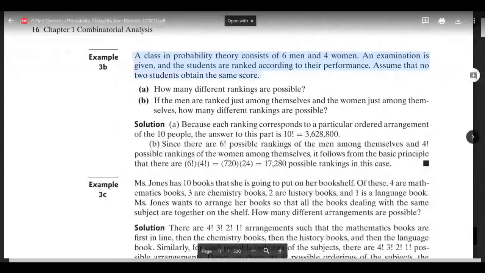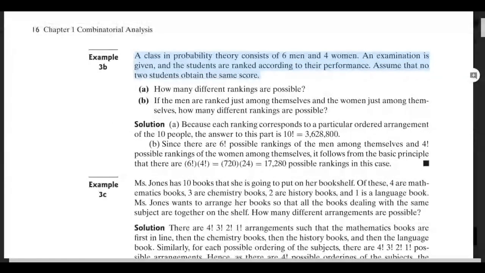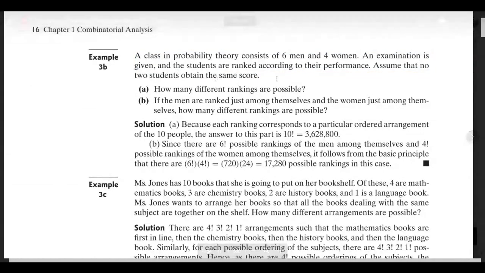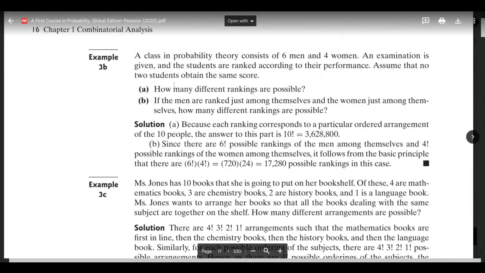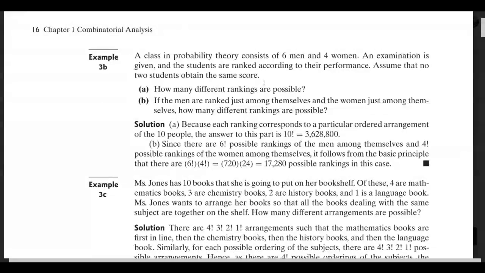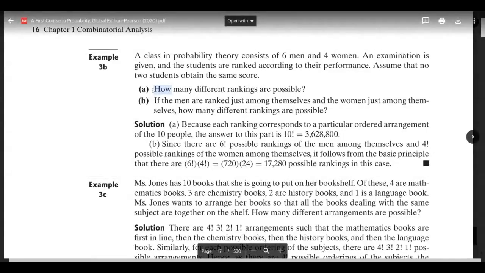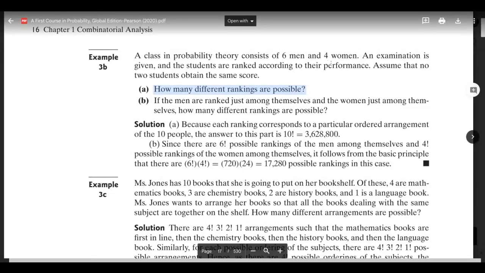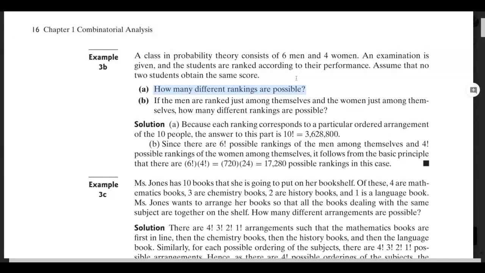Let's see this one. A class in probability theory consists of 6 men and 4 women. An examination is given, and the students are ranked according to their performance. Assume that no 2 students obtain the same score. A. How many different rankings are possible? 6 men and 4 women, so 10 students, right, and no 2 students have the same score.